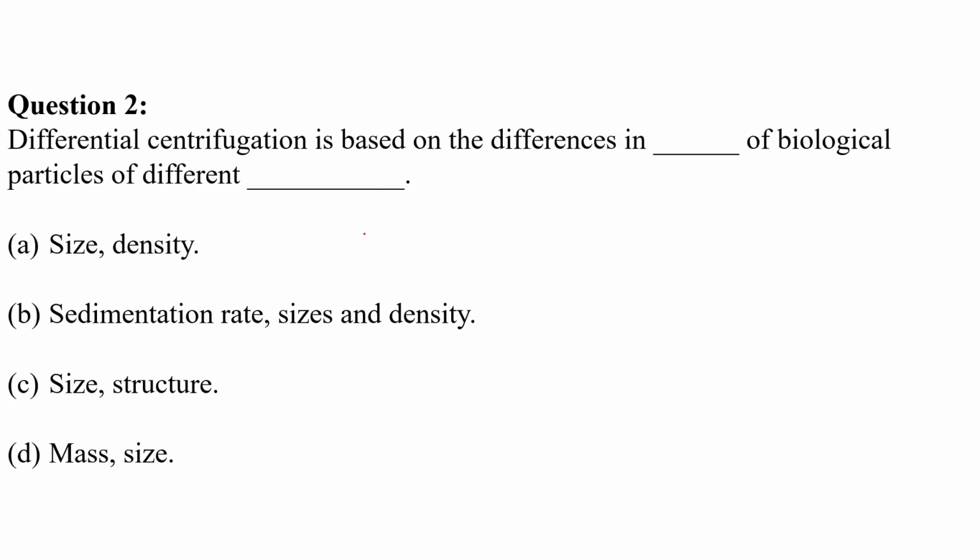Option A, size and density. Option B, sedimentation rate, and for the second blank, sizes and density. Option C, for the first blank size, for the second blank structure. And option D, mass and size. What would be the answer?